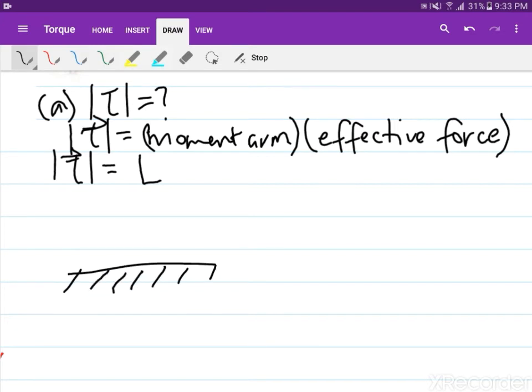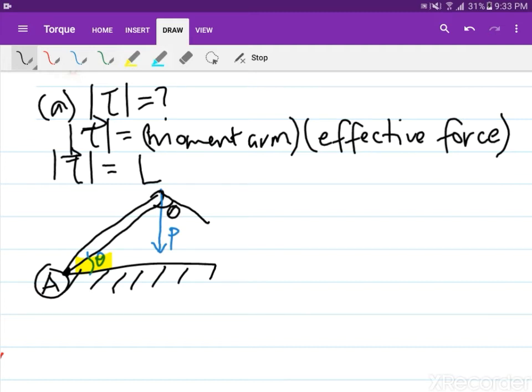If we are to redraw the object here, so this is rotation at point A, and this is angle theta here. P is pointing downward. So if we have our angle theta here, P is at an angle of theta in this direction.